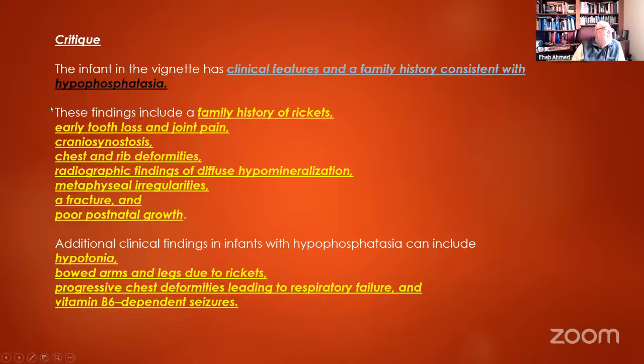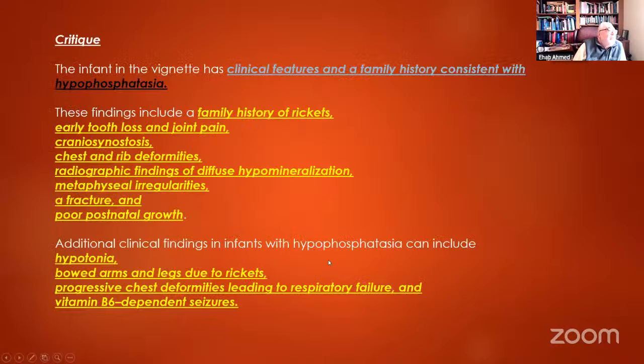So the critique: the infant in the vignette has clinical features and a family history consistent with hypophosphatasia. Why? Because there is family history of rickets, early tooth loss and joint pain in the family, craniosynostosis in the baby, chest and rib deformities in the baby, radiographic findings of diffuse hypomineralization, metaphyseal irregularities, which we see in rickets, a fracture which we saw in the midshaft of the femur, poor growth intrauterine and extrauterine.